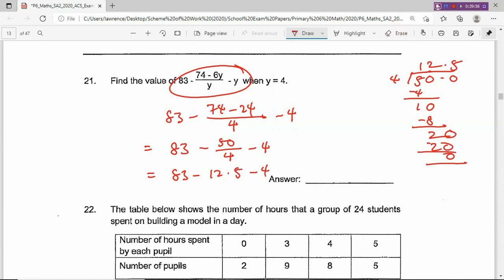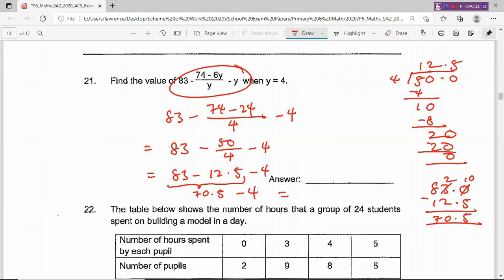Okay, and then your 4 operations, you have to minus. So when you minus, you have to change the whole number into a decimal before you can minus another decimal. So you have 70.5. So 70.5, then you minus 4, and you will get your answer.